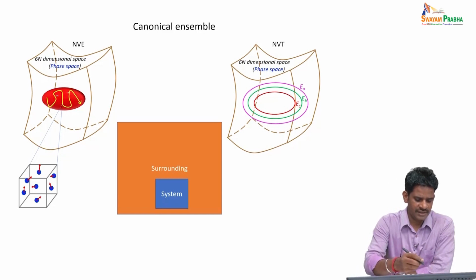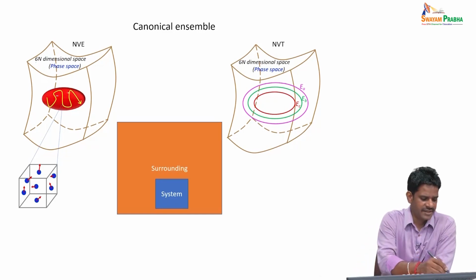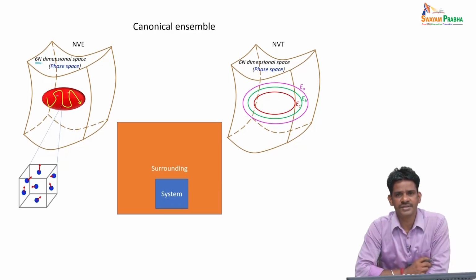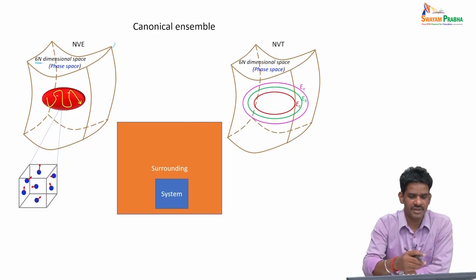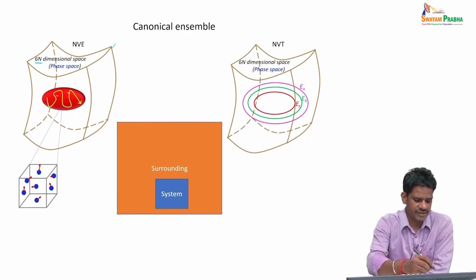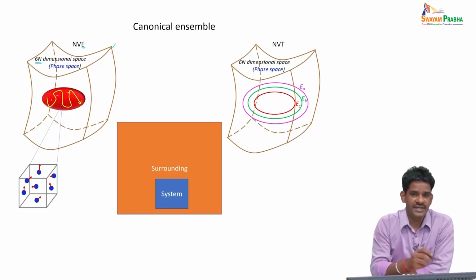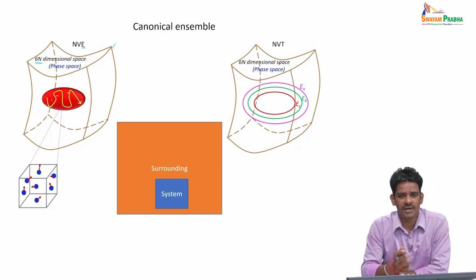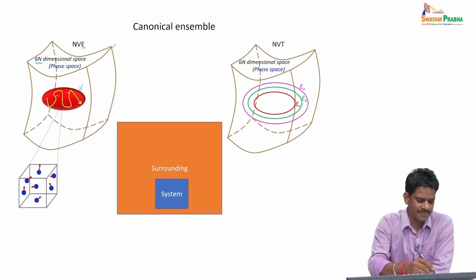You might recall that when you have an N particle system, there are 6N dimensions or degrees of freedom in the system, and we can pictorially show it as a volume of this cubical shape. When we fix a particular energy, the trajectory of the system goes around a constant energy surface, which is denoted here by the surface of an ellipse.